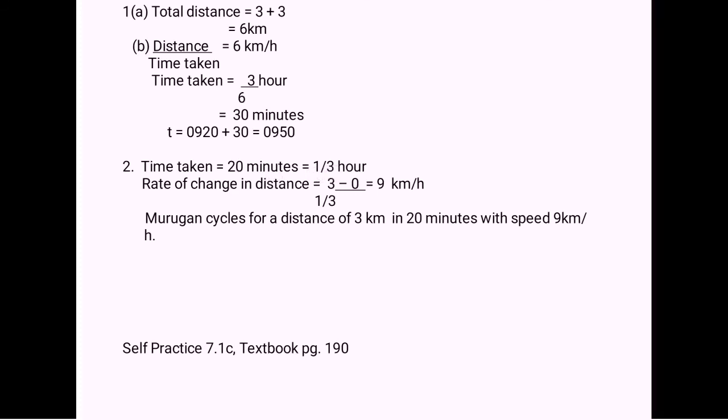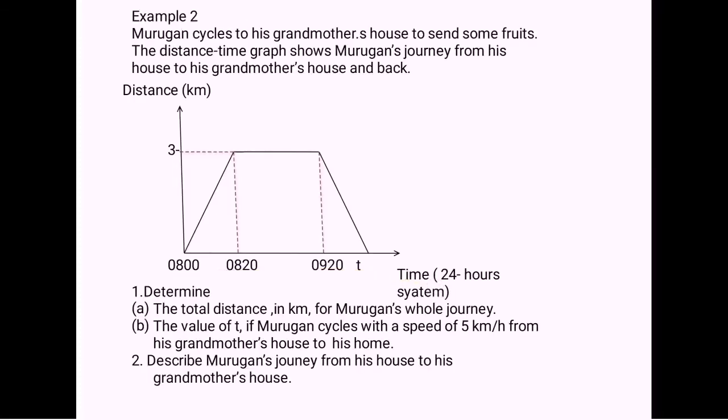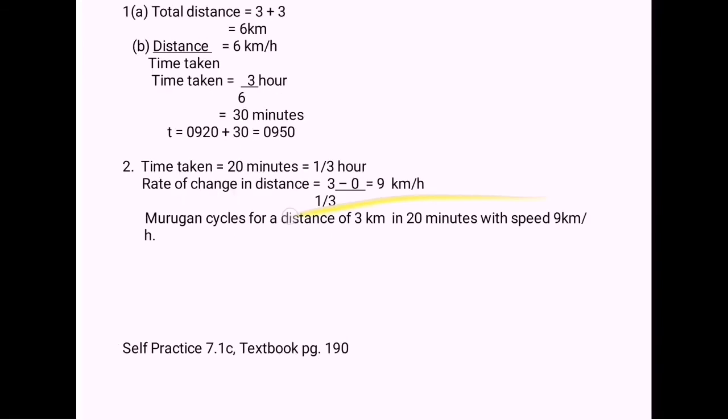The rate of change. Let's see the question first. From house to his grandmother's house, that means it's this line only. Here the time taken is 20 minutes and the distance is 3 km. So how to describe? Time taken is 20 minutes, which we change to 1 over 3 hour.